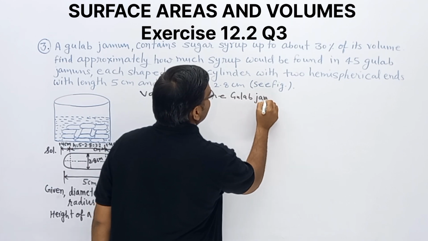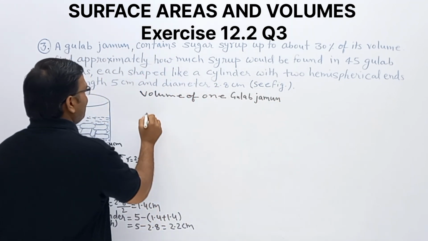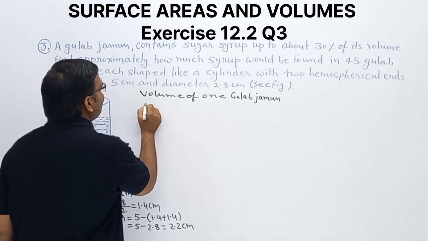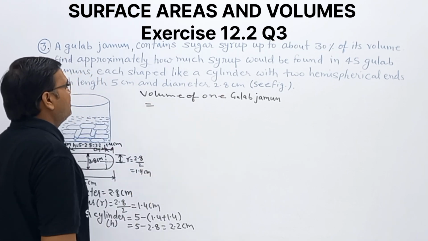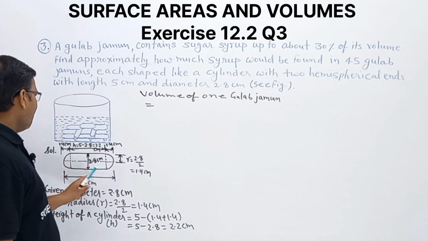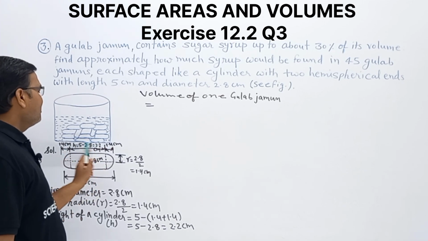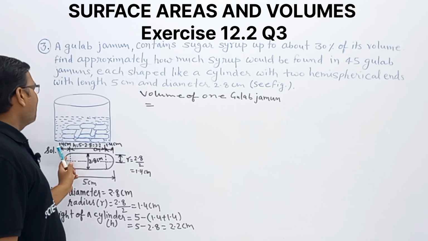So first we will calculate the volume of one gulab jamun. The volume of one gulab jamun is equal to what? It has a cylinder and two hemispheres at the ends of the cylinder.